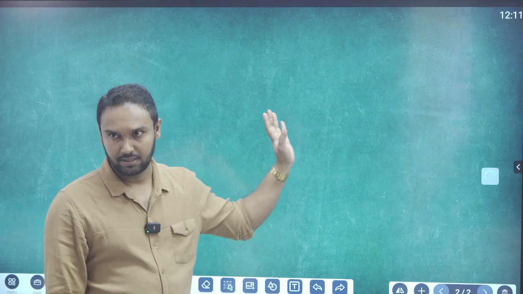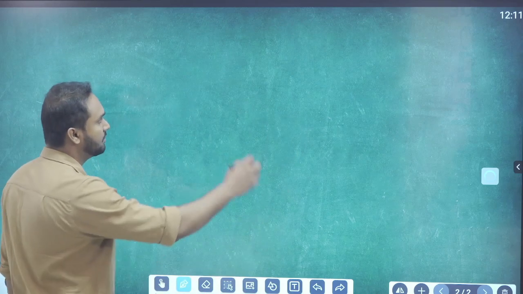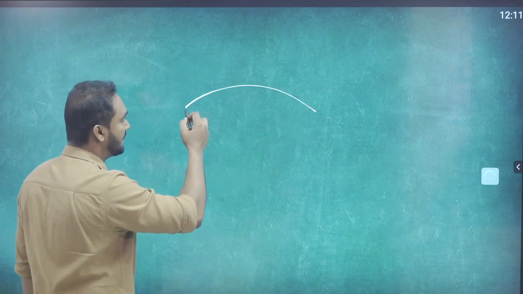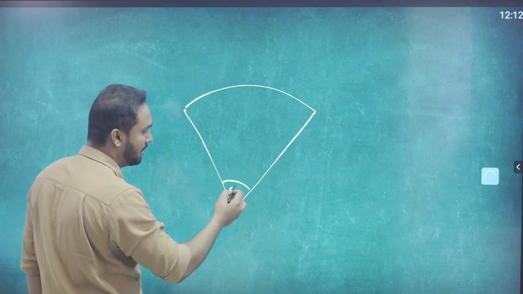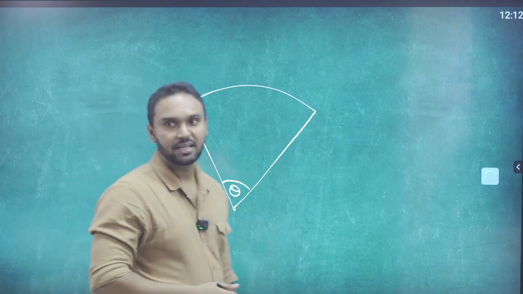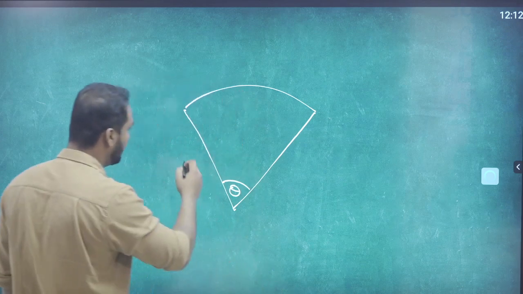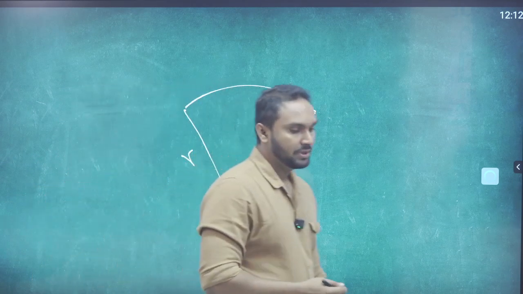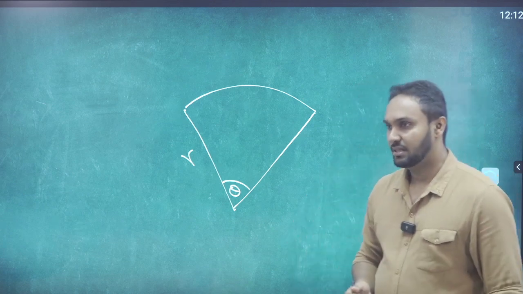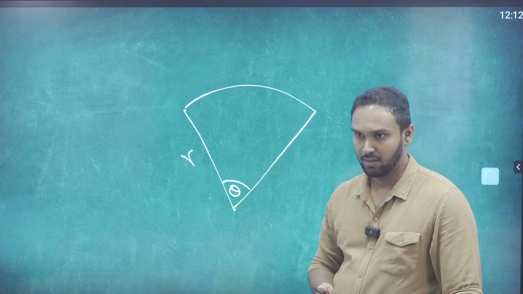That's enough, right? So there is this equation to find the area of a sector using radians. Here the theta is given in radians, and the radius is r. So the usual equation is theta over 360 into pi r square.